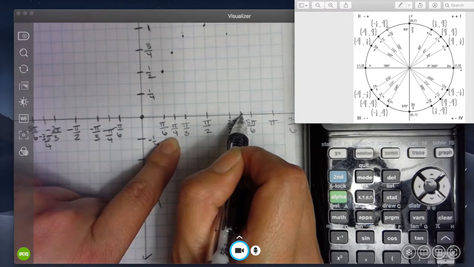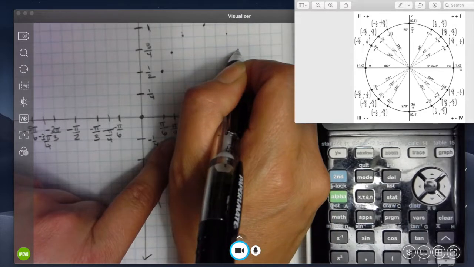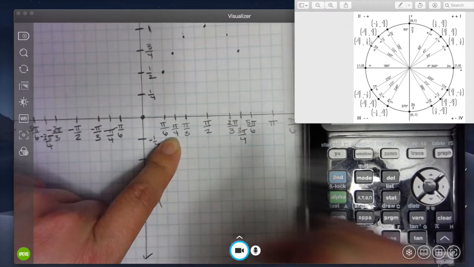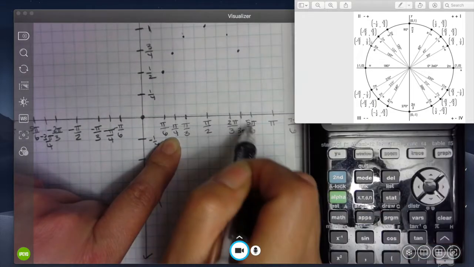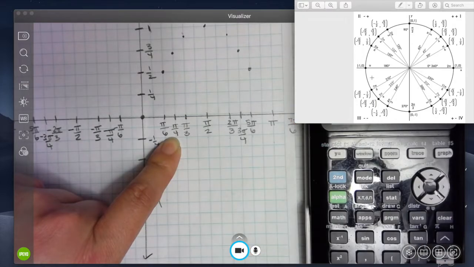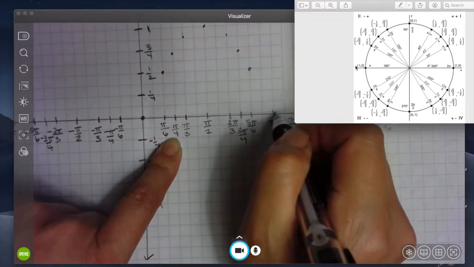Let's put that up here. All right, 5 pi over 6, we're right here. The y coordinate is 1/2. And now we're down here to pi, and the y coordinate of pi is going to be 0.